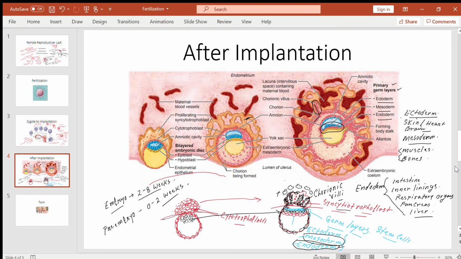So in the wall of the uterus around the chorionic villi, you have many open spaces called lacunae. You have heard this name, lacunae, in bone. You remember the tiny cavities. Similarly, lacunae. And these lacunae in the mother's uterus get filled with the mother's blood. So just think that these are filled with the mother's blood. Okay.